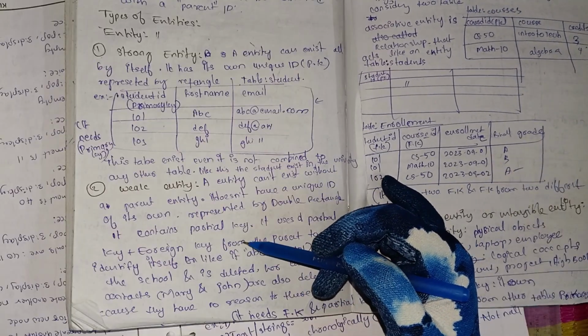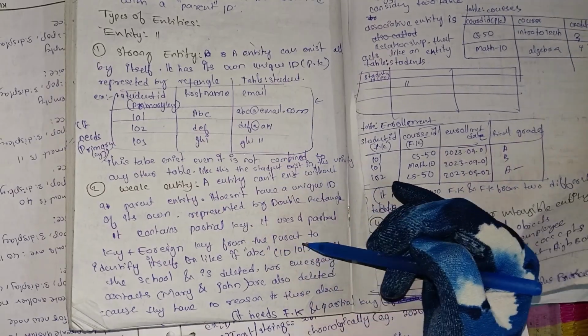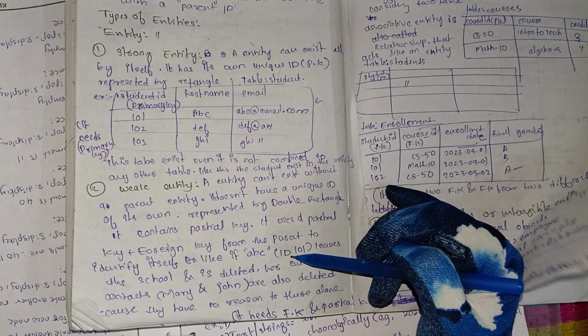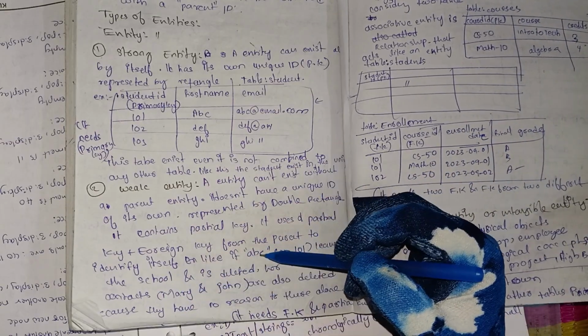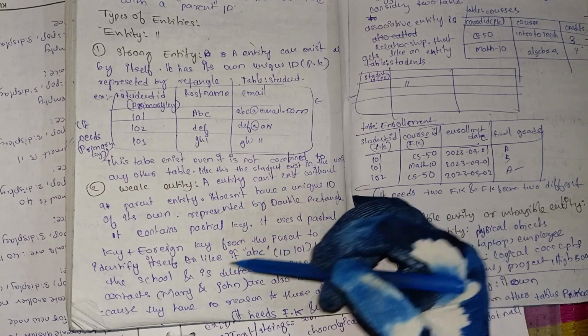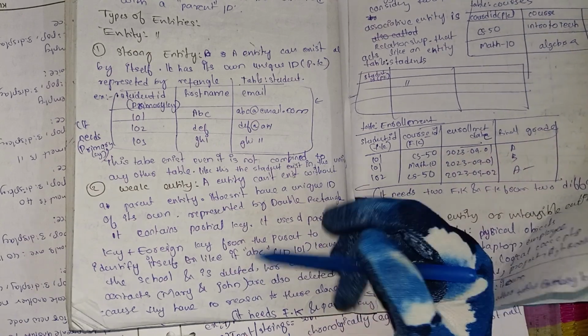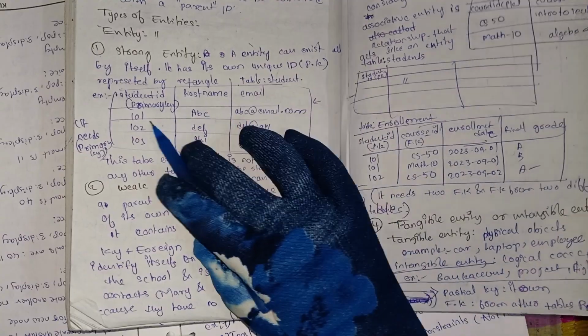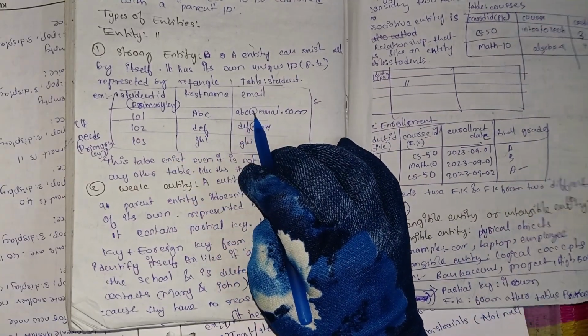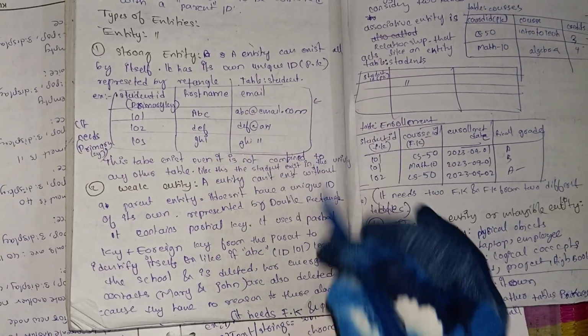Example, if ABC of ID 101 leaves the school, ABC being the name of the student, and is deleted, this row is deleted from the strong entity table, meaning the parent entity table.